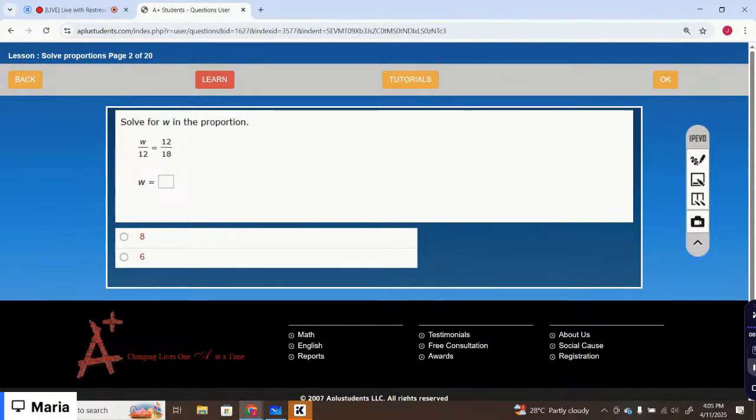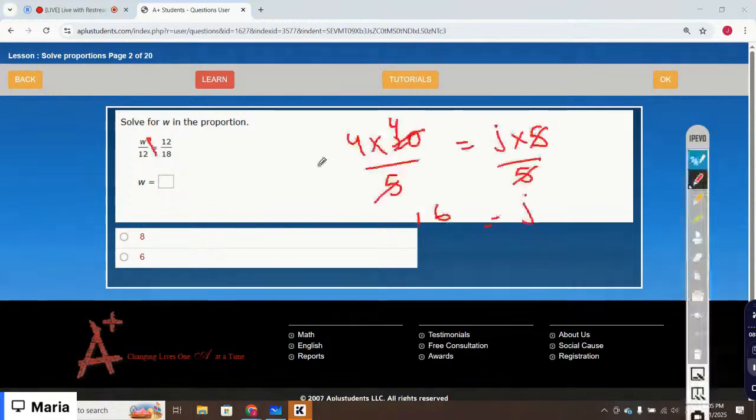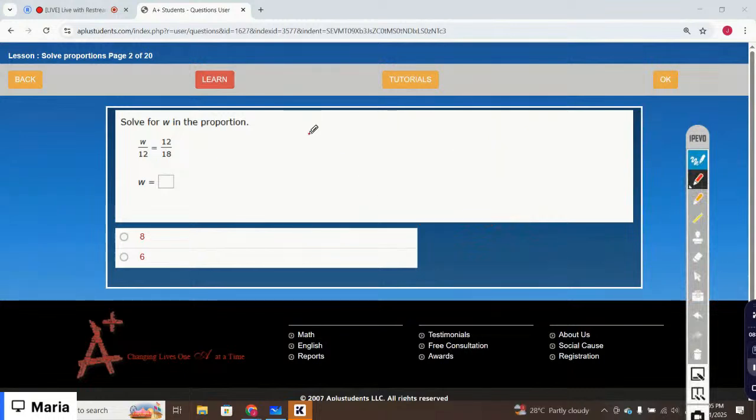Solve for w in the proportion. W divided by 12 equals 12 over 18. W equals 12 times 12 divided by 18.